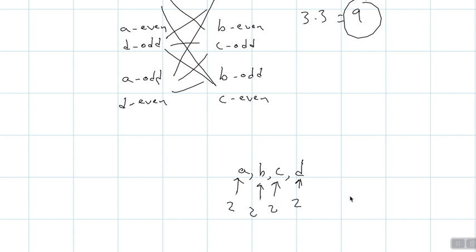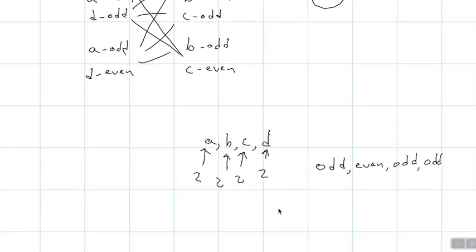So one possible combo would be like odd, even, odd, odd. And that's a possible combination. So the total number of ways to pick an even or an odd for these numbers is going to be 2 to the 4th, which is 16. So there's 16 total ways to pick even and odd combos for A, B, C, D.